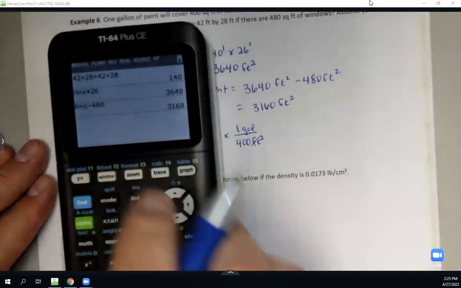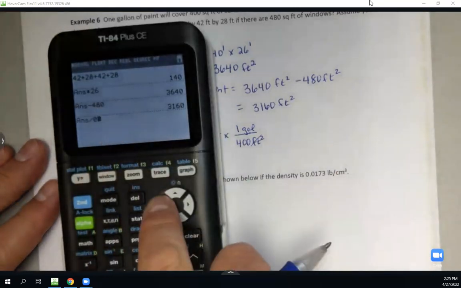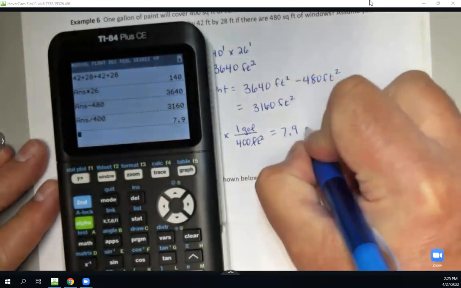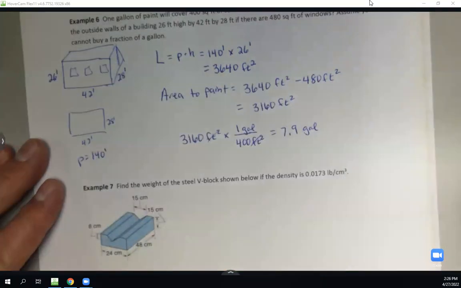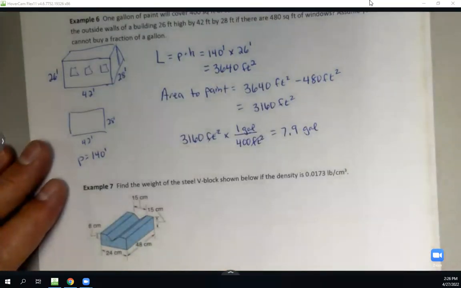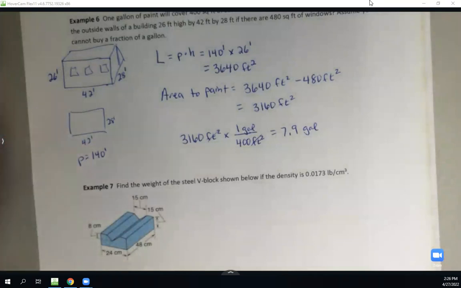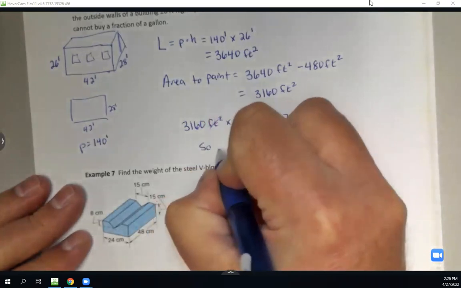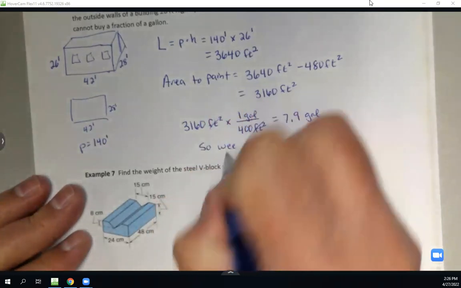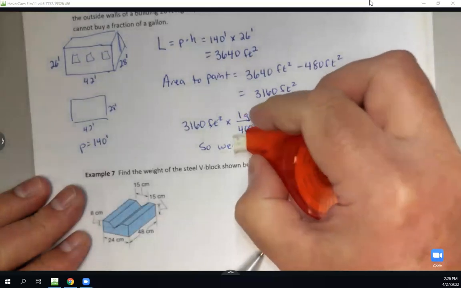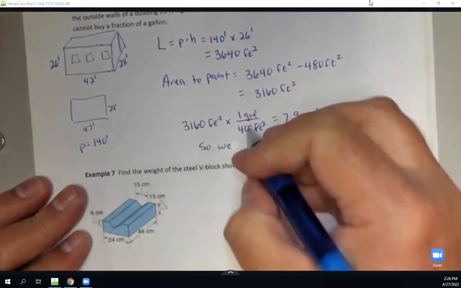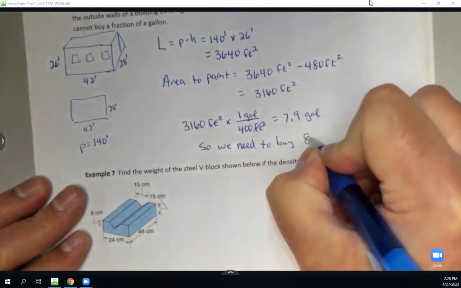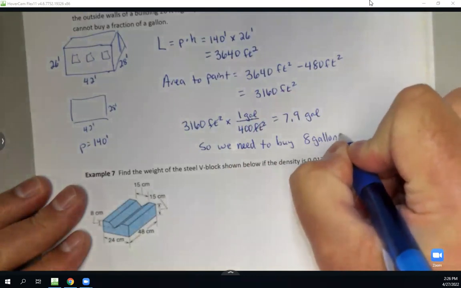So if I divide by 400, that's going to be 7.9 gallons. So really, I need to buy 8 gallons. So we need to buy 8 gallons of paint.